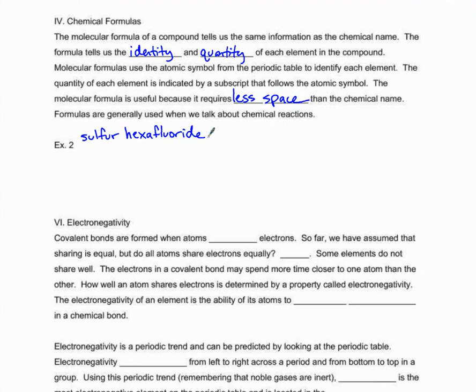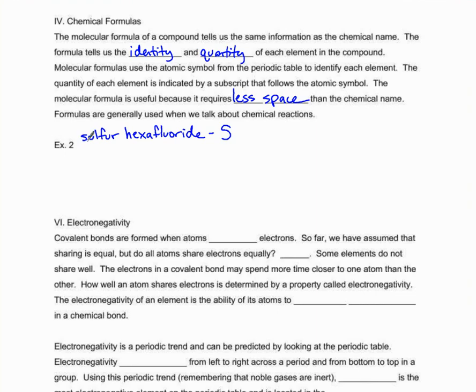And we're also keeping the order the same. So sulfur comes first in the name, it comes first in the formula. So sulfur is S. If you're not sure, use your periodic table. And sulfur has no prefix.